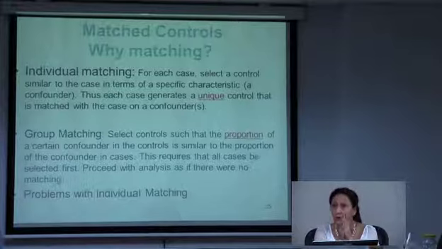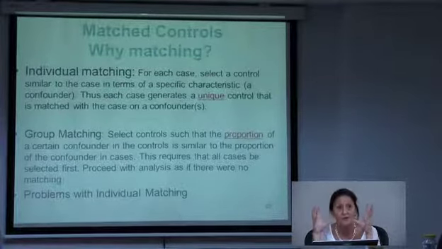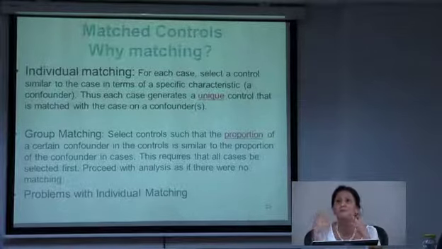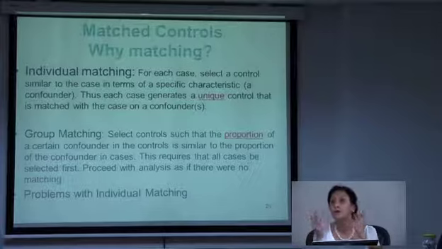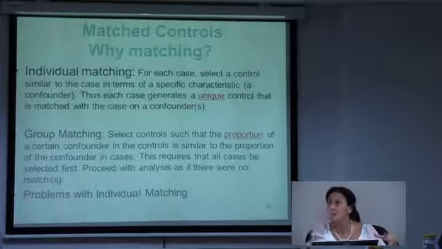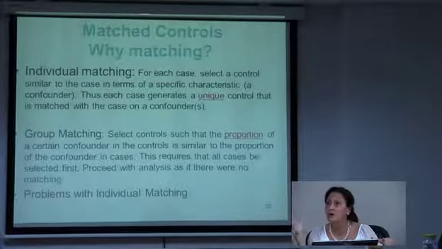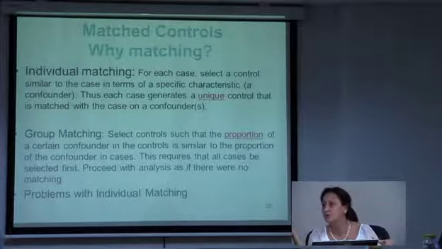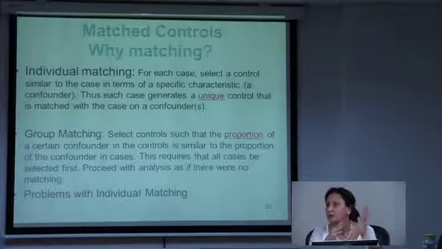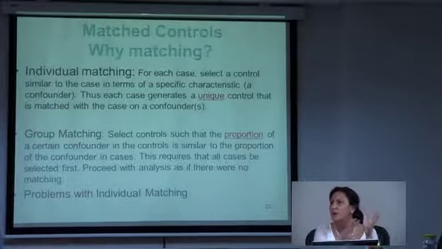I don't know if you are familiar with the issue of confounders. These are variables that might create noise that you'd like to control for. For example, you don't want a group of cases who are adults and then pick controls who are younger people. You don't want your cases to be a majority of male while your controls are a mixture of male and female.